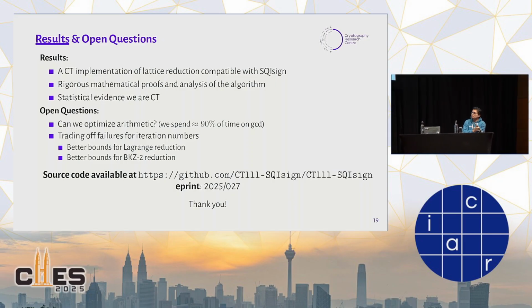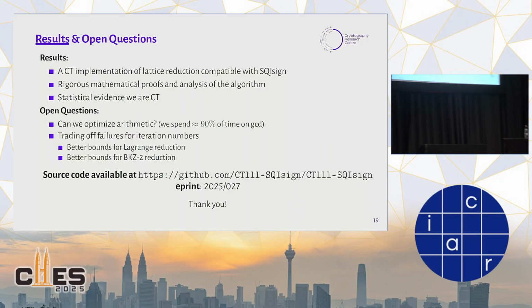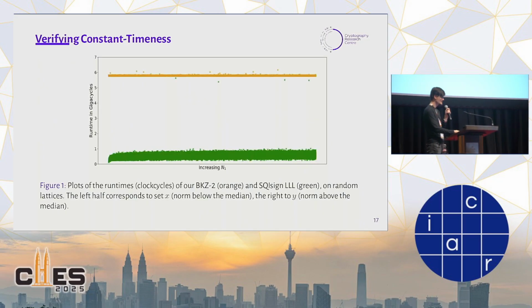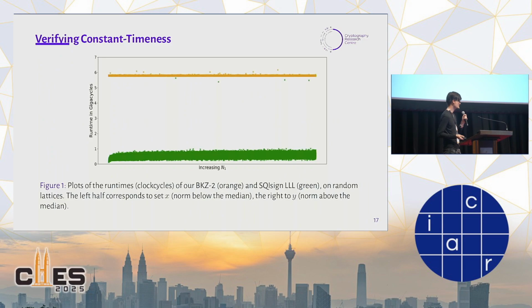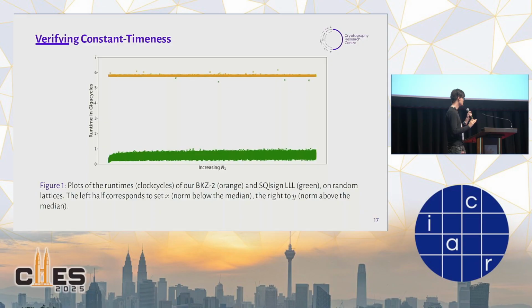Actually, the probability of failure of our BKZ2 algorithm depends on the number of Lagrange iterations, and it may be predicted by us. So far, we only have statistical and experimental data, where we were able to find for each level the parameters at which we don't fail in practice.